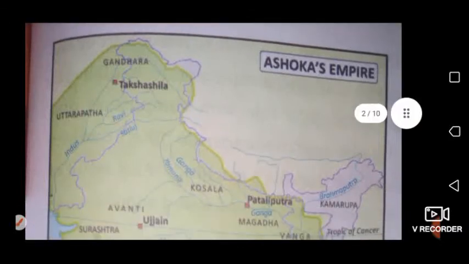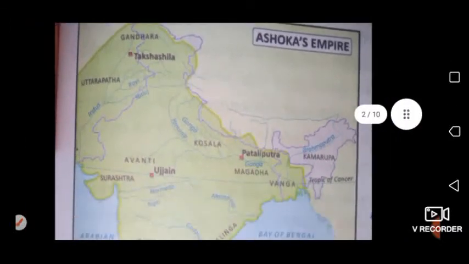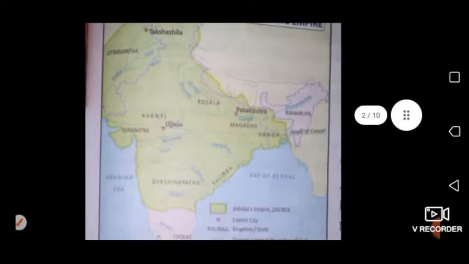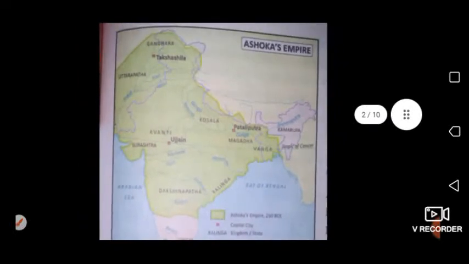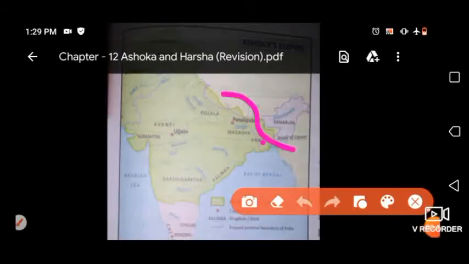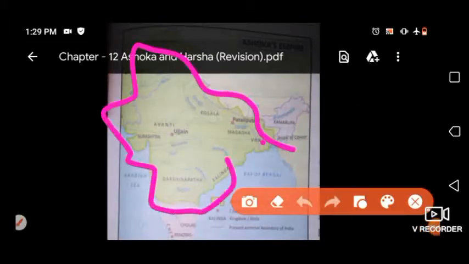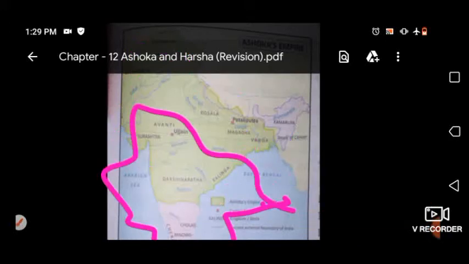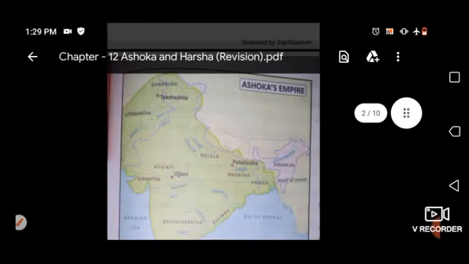As you can see here, this is Ashoka's empire. Ashoka captured many of his neighbor kingdoms and made such a large empire of his own.